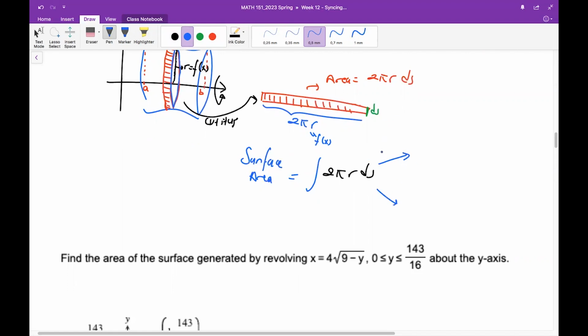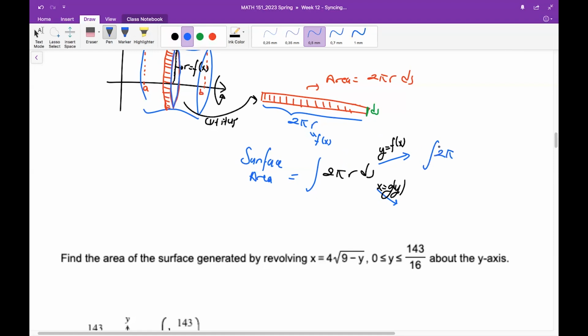Here we have two ways to go, depending on whether your curve is given in terms of x or in terms of y. If we go on the first path, the integration takes this form.